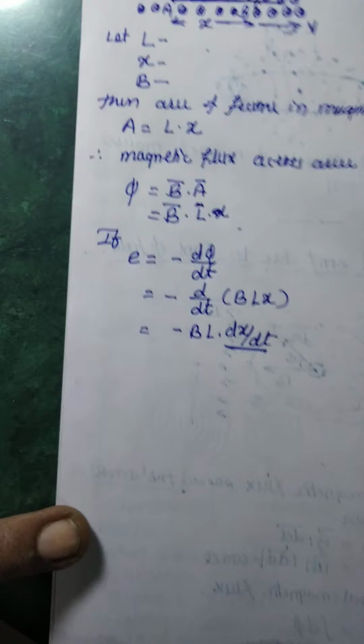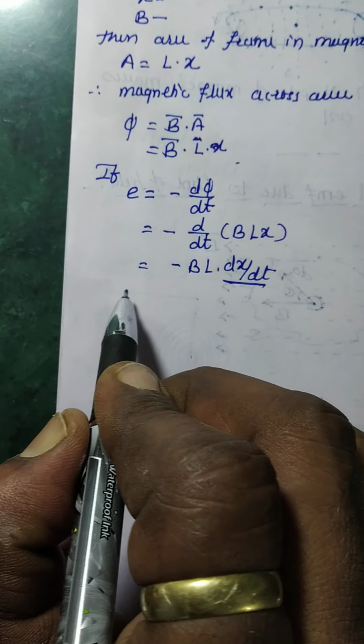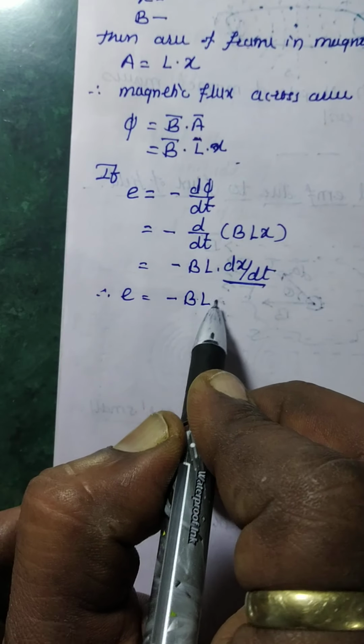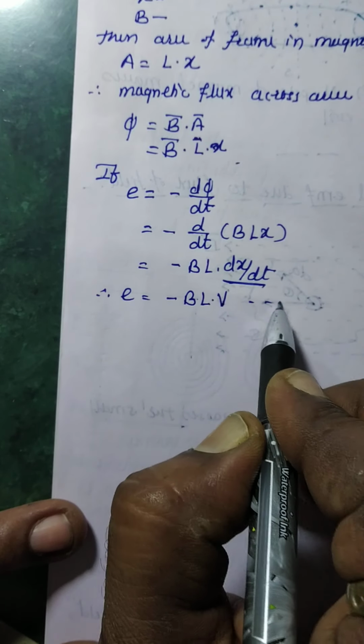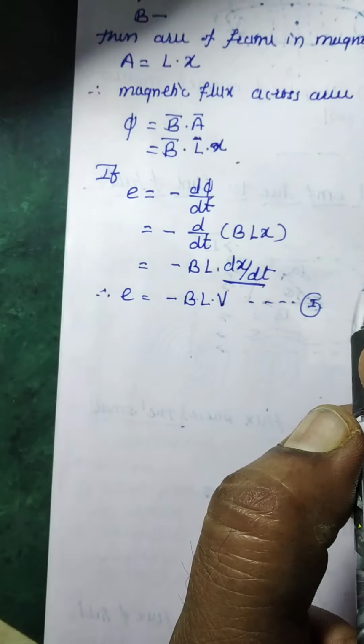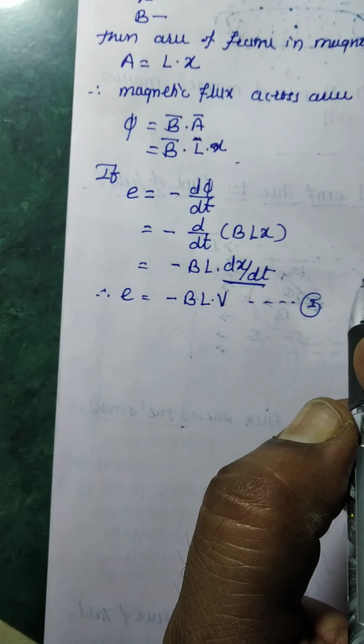Rate of change of displacement is nothing but velocity, therefore E is equal to minus BLv. Suppose this is equation number 1. This is the induced EMF.